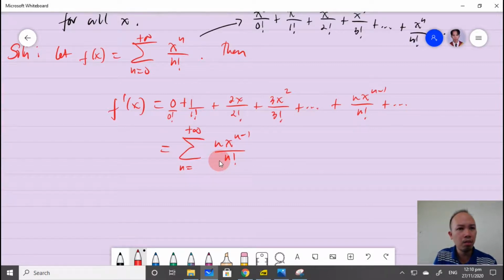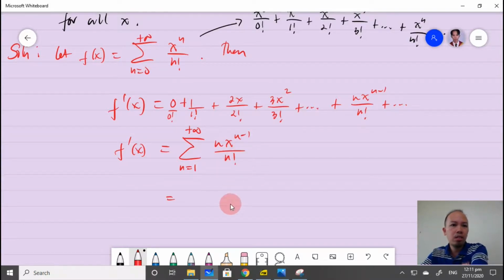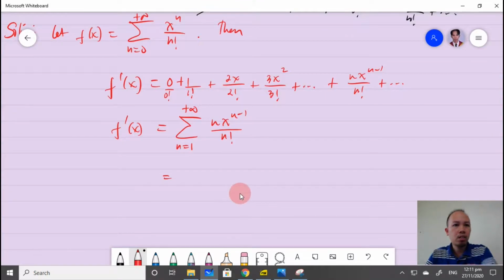Maybe it should start at 1. So let's write 1 here. 1 factorial we have here, 1 times x to the 0, correct. When n is equal to 2, we have 2 factorial. So I guess this is the right one. Okay, so our f prime of x is equal to that one. So what we will do here is we have to simplify. Maybe we can write it in this form.